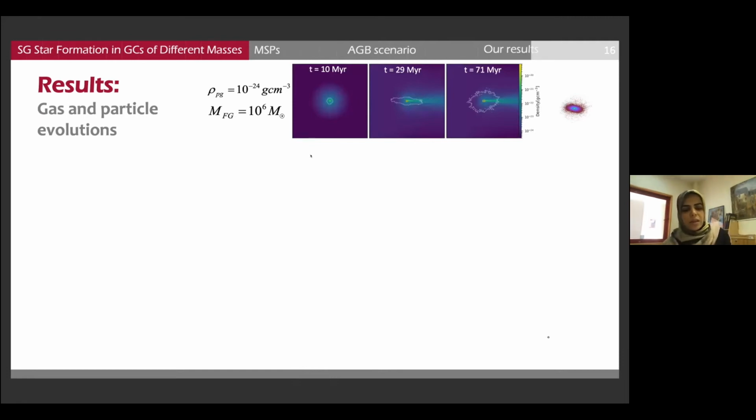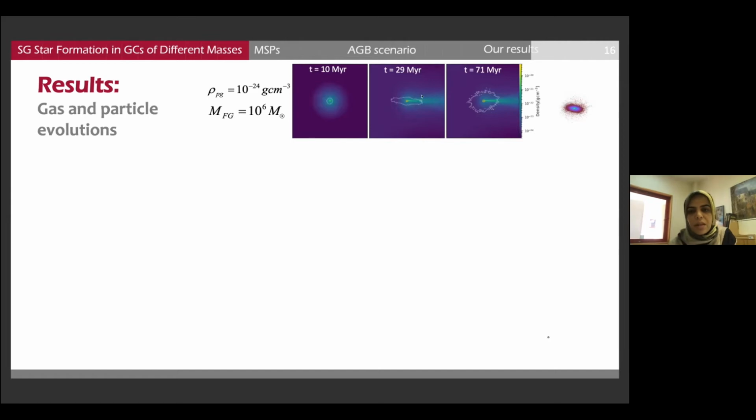Here you can see some snapshots of a simulation with these parameters. The white contour shows the extent of the second generation stars at different times.